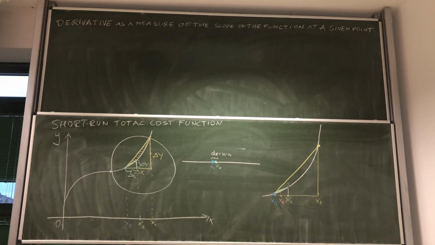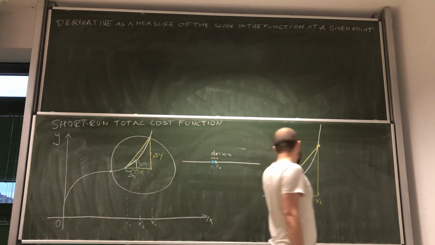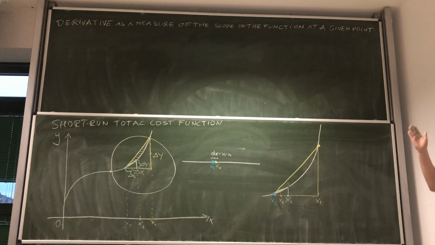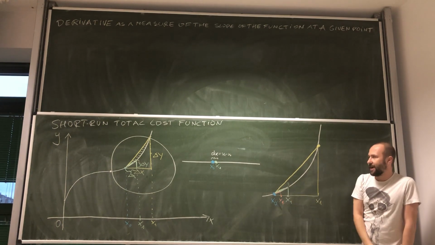This issue is that, look, if we are going to use such a tiny increase, then how can we get the hypotenuse of the triangle?